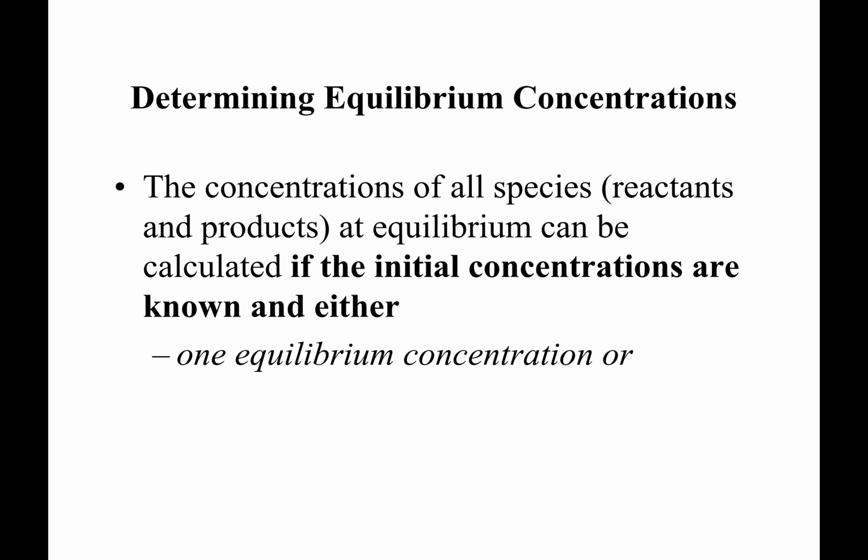You can either know the equilibrium concentration of one species, and we're going to work that problem here in part 4. The other problem is where you know the initial concentrations of everything and you know the value of Kc, or the equilibrium constant.